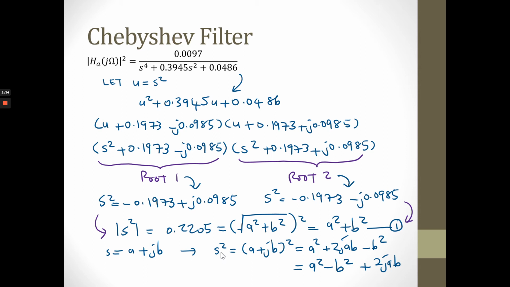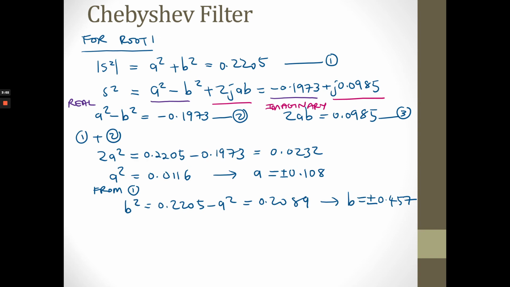When we calculate the squared complex root, we have a plus jb squared, which is equal to a squared plus 2jab minus b squared. So when we rearrange, this is the real part, a squared minus b squared, plus 2jab, this is the imaginary part.